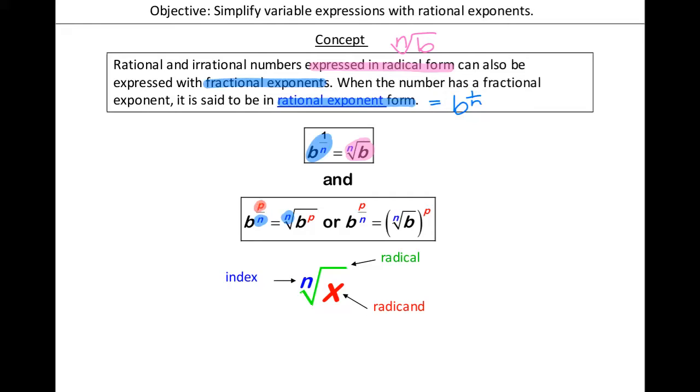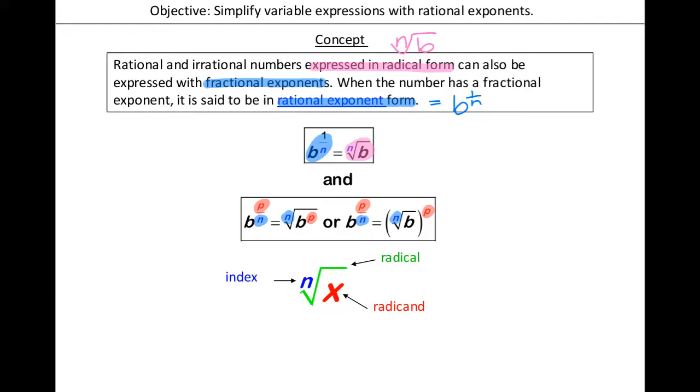And then the p, the numerator, is actually the power. So again, the p is the numerator, that's the exponent, and the denominator is the index or the root, the nth root of b.